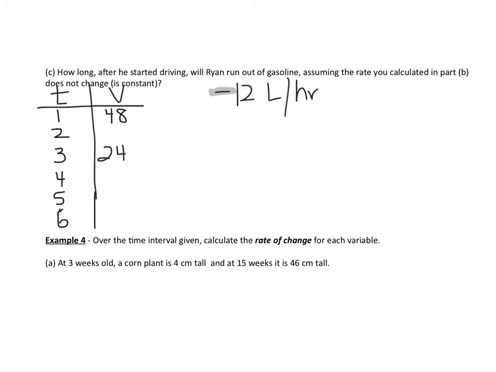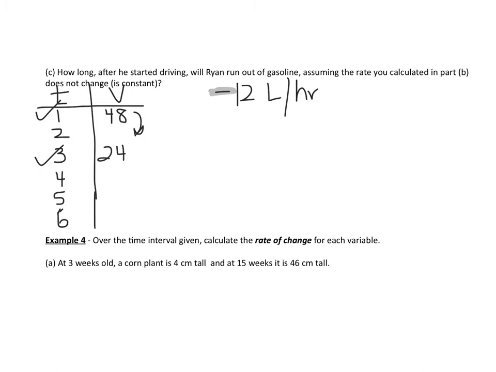So we know that every hour that passes by, he uses 12 liters of gas, so our volume every hour should be decreasing by 12. They did skip a value in between. They gave us an answer for 1 hour, they gave us an answer for 3 hours, but they didn't give us anything about what happens at the 2-hour mark.